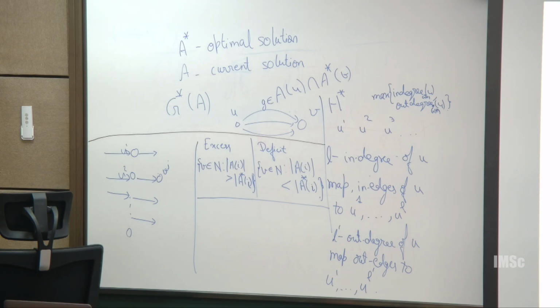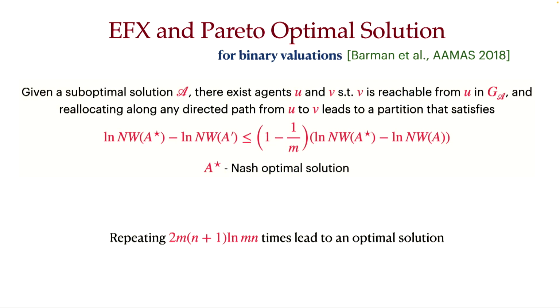Paths are the only useful objects for me. Then fine, there is a path that achieves this thing, and such a path exists in my graph as well, and I am anyway reallocating on the one which maximizes my Nash. So, I will achieve this. Okay. So, that is all I want to say from the classical literature of fair allocation.